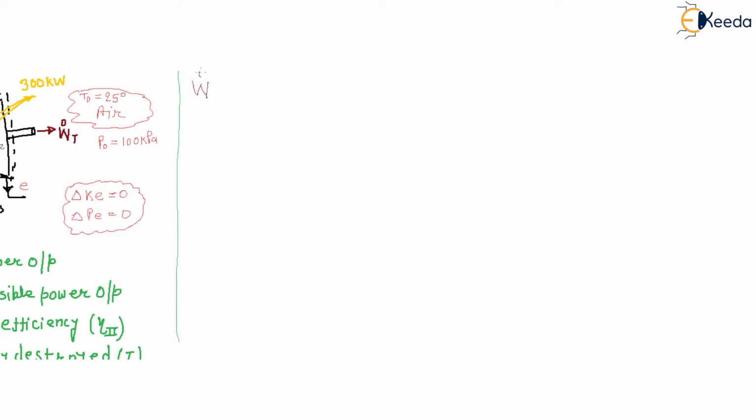W dot reversible out is m dot times (hi minus he) minus T naught times (si minus se), right? Why?